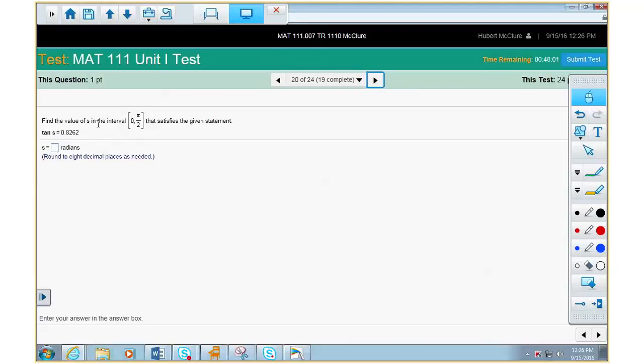Find the value of S in the interval 0 to pi over 2. What's 0 to pi over 2? What quadrant? First quadrant. So you know the answer is going to be positive. Tangent equals 0.8262. Well, what is the tangent?